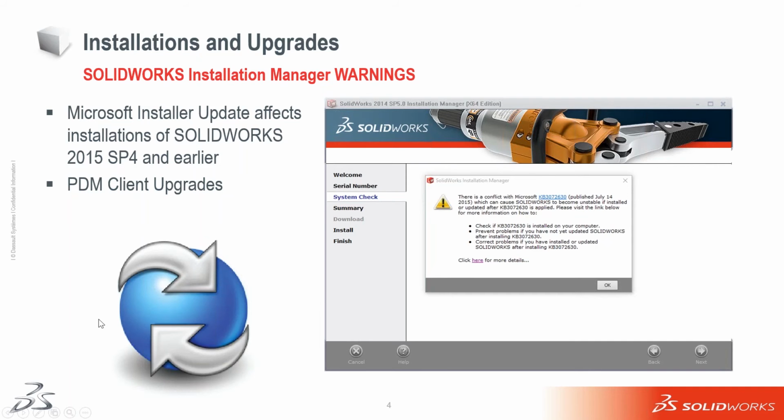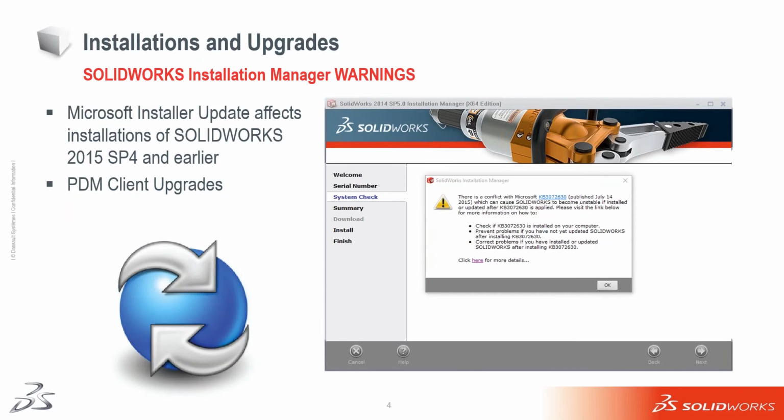Another warning that I wanted to bring to your attention, and I've just got the PDM icon here to remind me to talk about it: if you have a PDM client installed, in 2016 they've adjusted the way that software is installed.